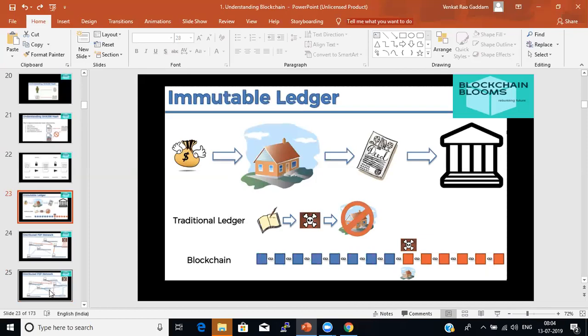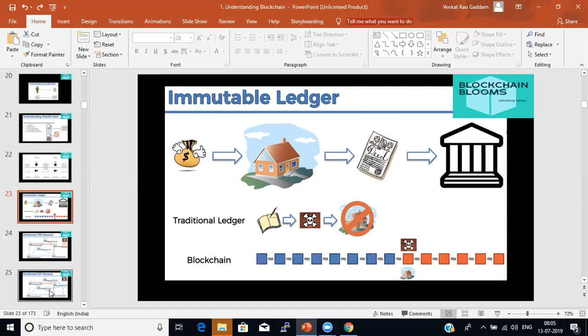So think about what an immutable ledger is. Majority of the current ledgers, a ledger is nothing but our bank statement, right? Our bank statement has lots of transactions. Someone else may modify these transactions. There is a chance, right? Not only from external hackers, but from the bank end also, internal administrators can touch the data and tamper with it. That is a different story, they can be caught in the audit.